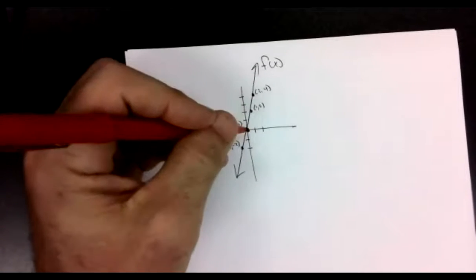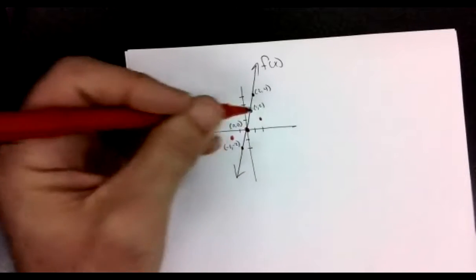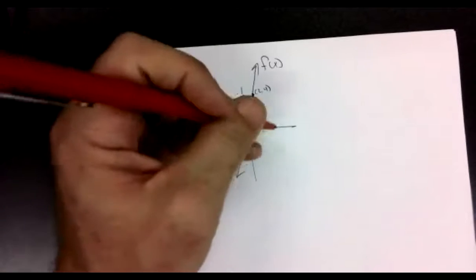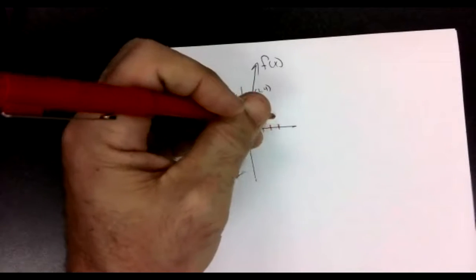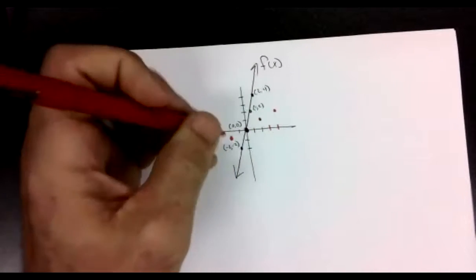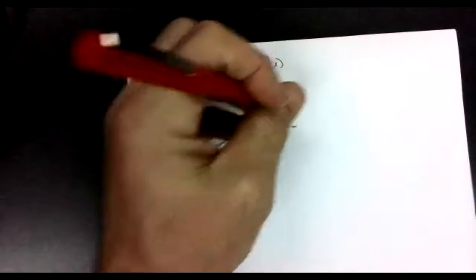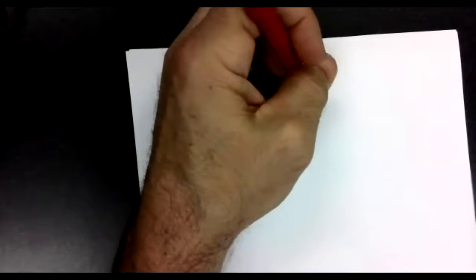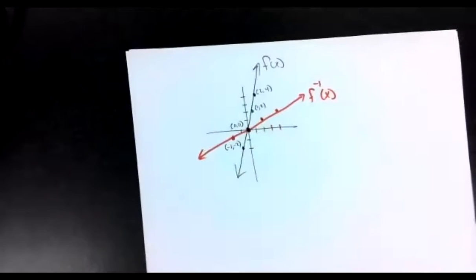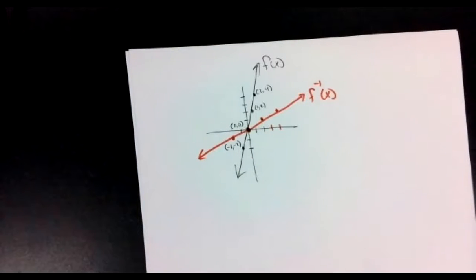Instead of 1, 2, it's going to be 2, 1. Instead of 2, 4, it would be 4, 2. So graphically, your inverse function again swaps your input for your output. It literally swaps your X and your Y coordinates.